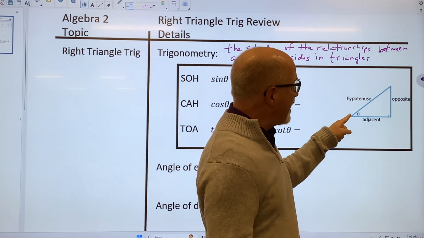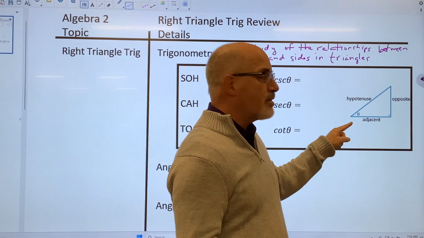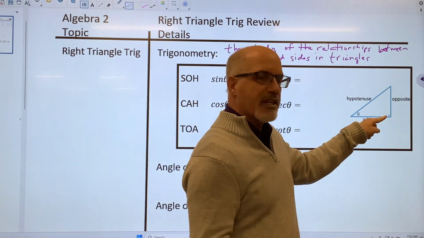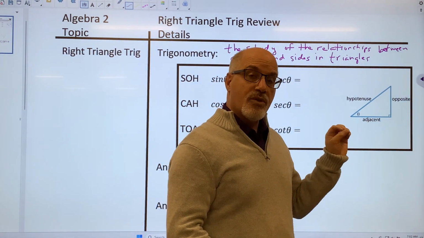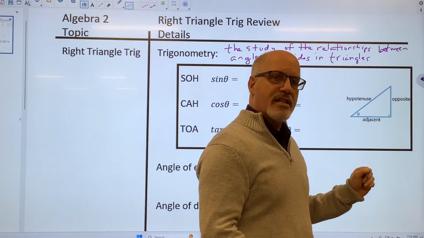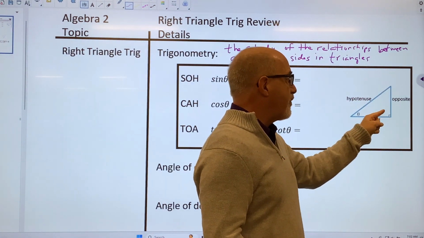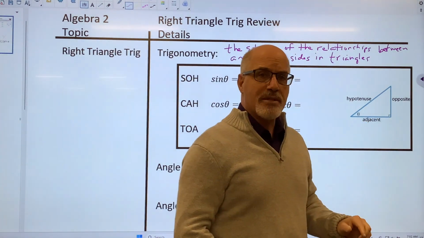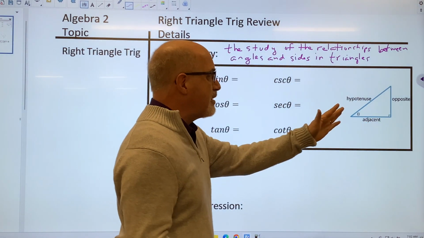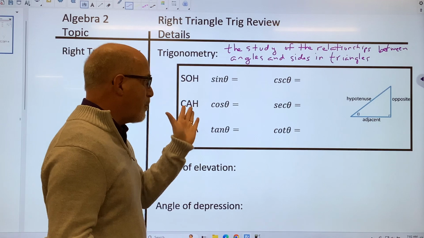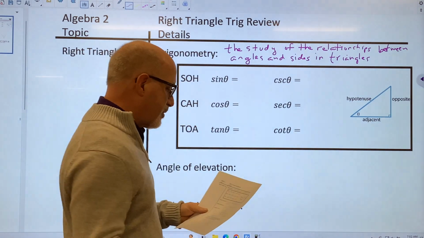Notice that theta here is attached to the hypotenuse. It's also attached to this leg. So the leg attached to the angle is called the adjacent side, and the leg opposite the triangle from the angle theta is called the opposite side. So using opposite, adjacent, hypotenuse, we'll be able to set up the trig ratios.